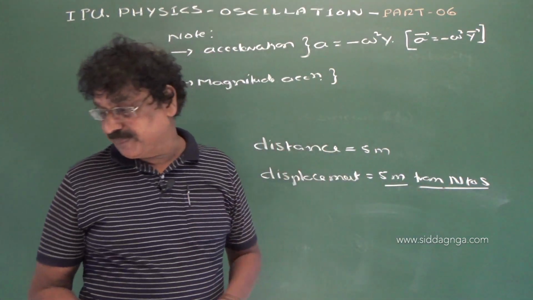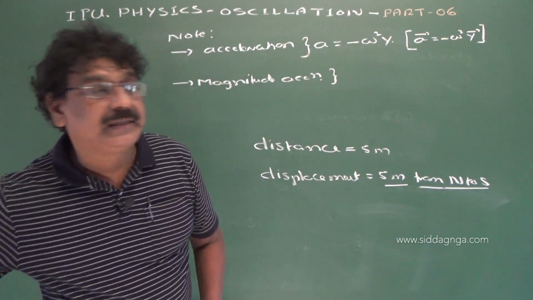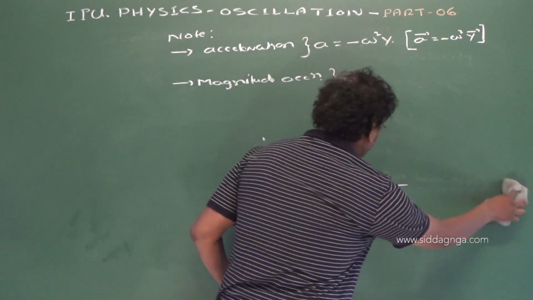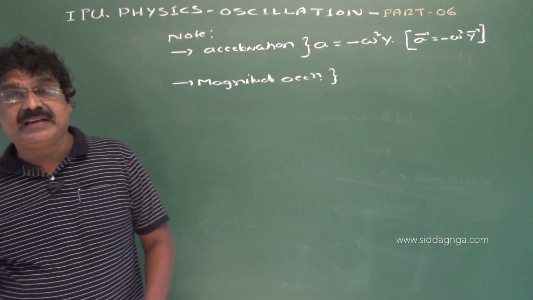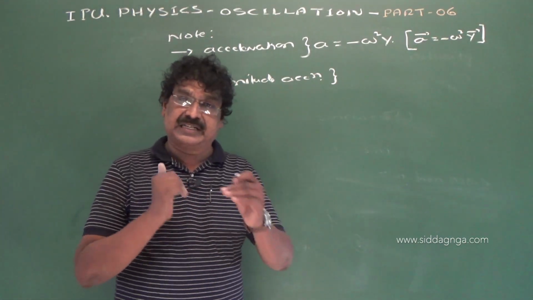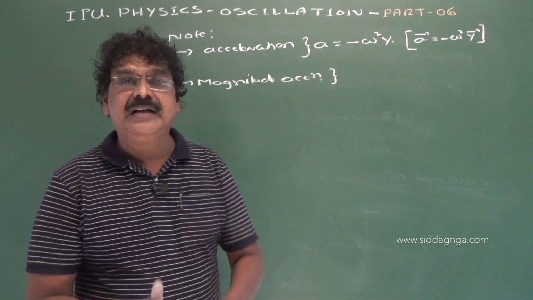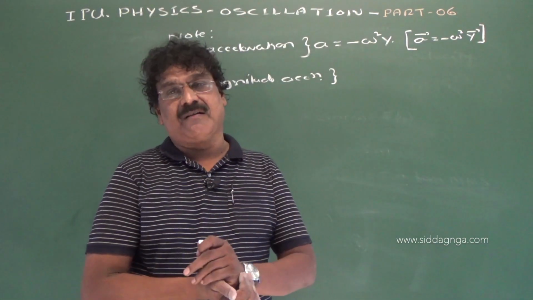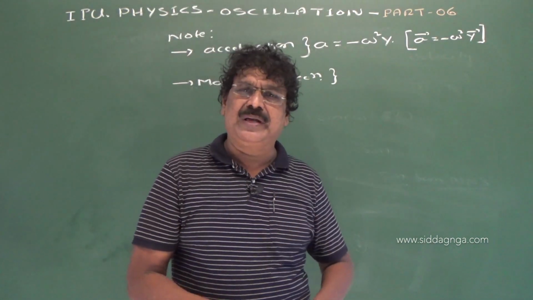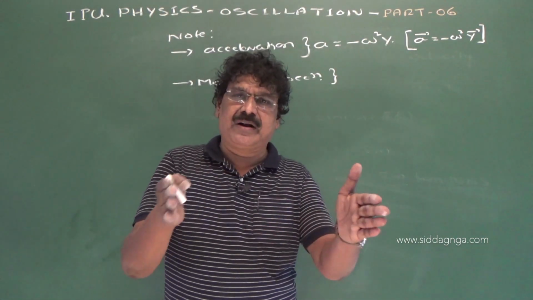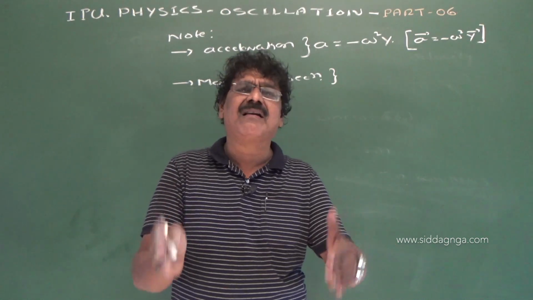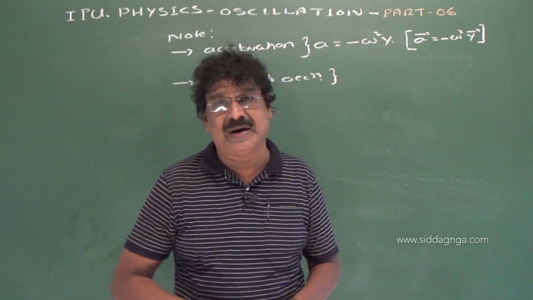So here when we take the position of the particle from the mean position, we say it is not distance, it is the displacement, though its magnitude is, of course, the distance between the position of the particle and the mean position. But we are not saying the distance travelled by the particle.